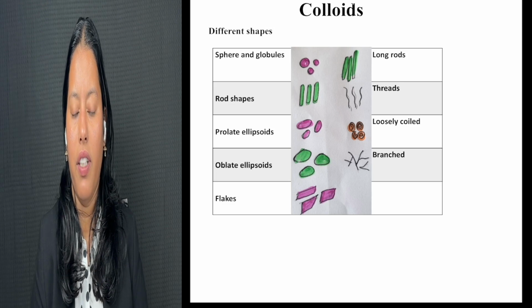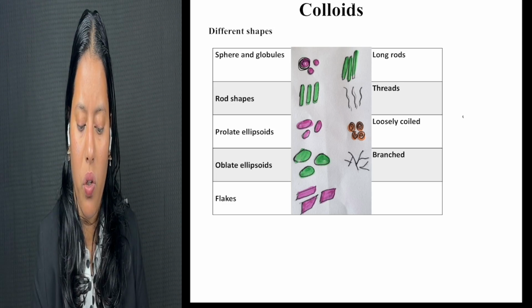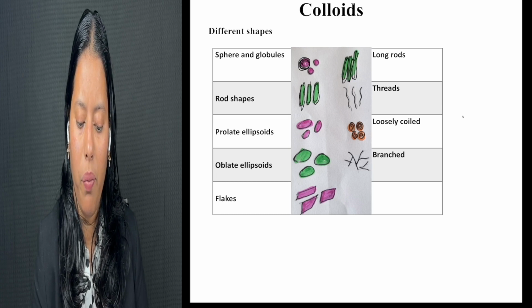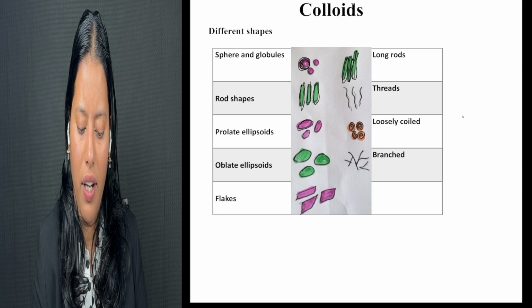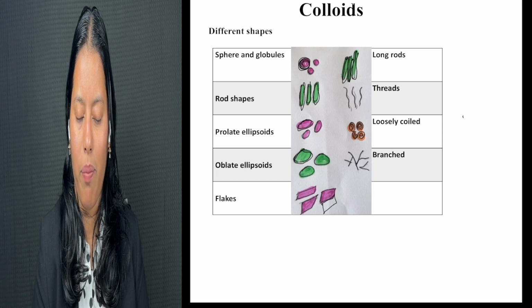Next, you have the shapes of the particle. Spherical shape, you have the rod shape like elongated structures, and you have long rods, which are the long elongated structures. You have the prolate ellipsoids and you have the oblate ellipsoids. You have the flakes. You must have seen the sodium hydroxide in your lab.